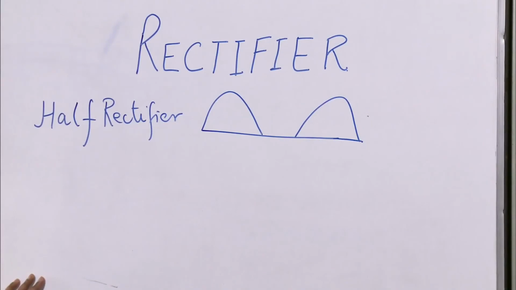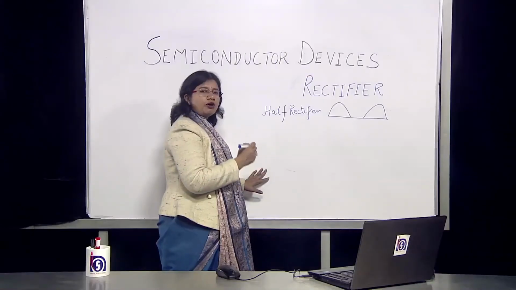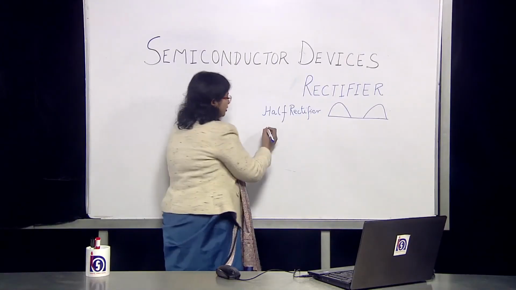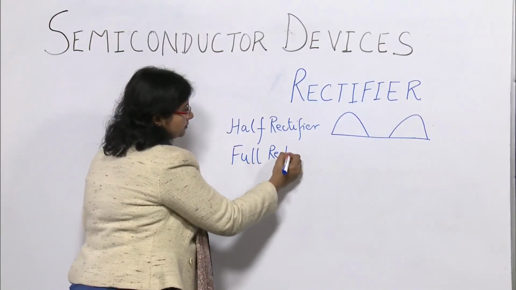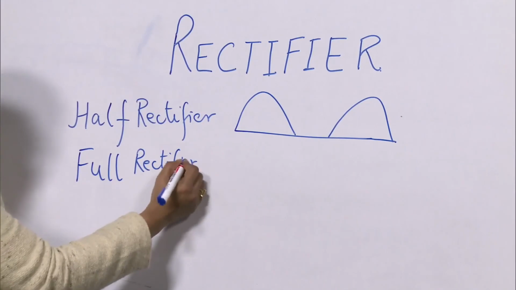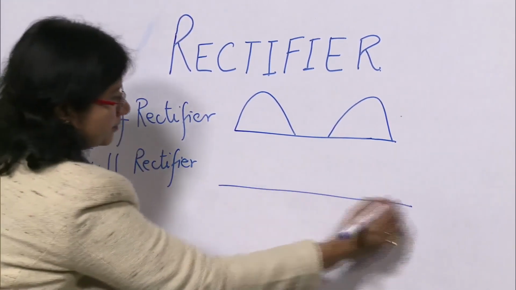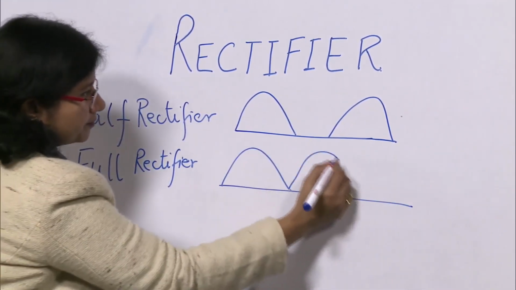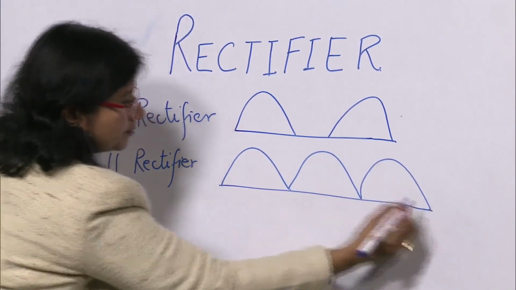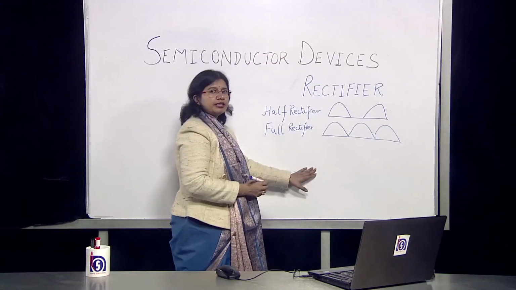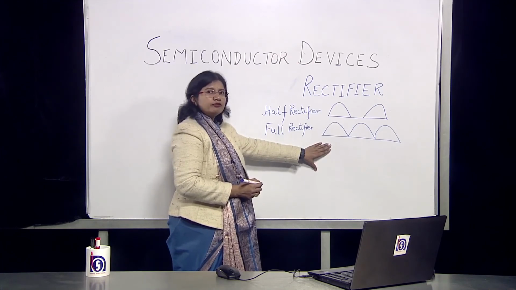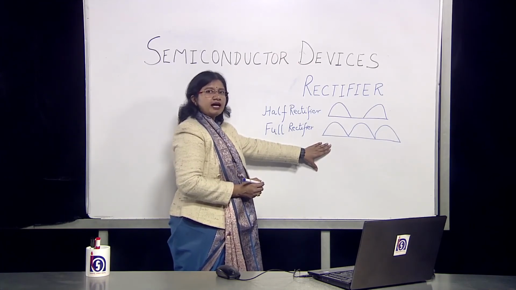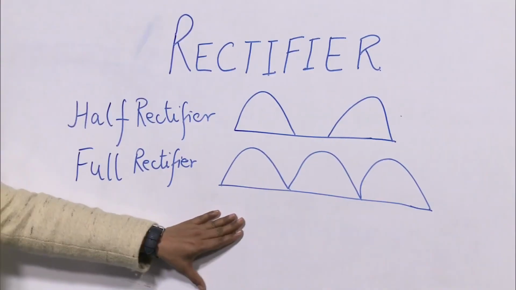On the other hand, when I show the output of a full wave rectifier, the output is like this. But the problem with the full wave rectifier is that the output is still rippling.